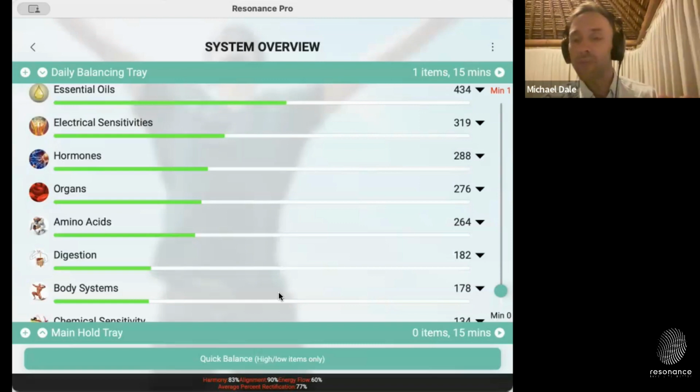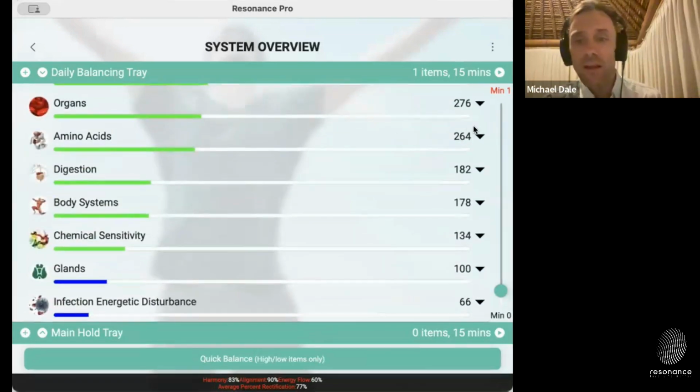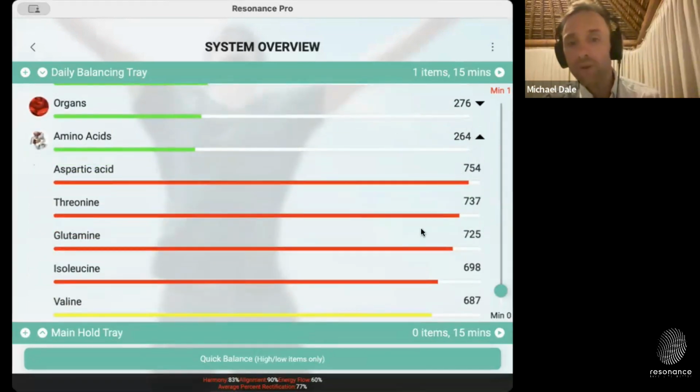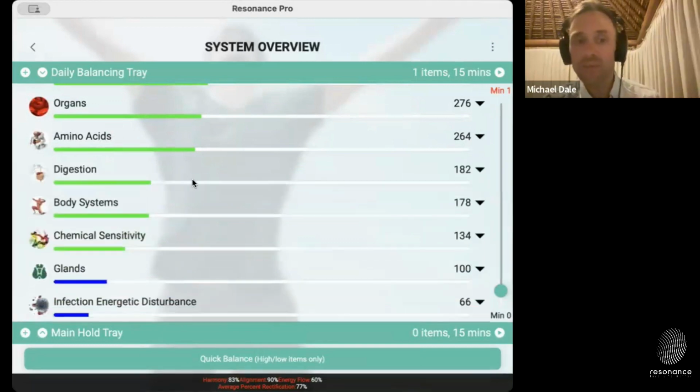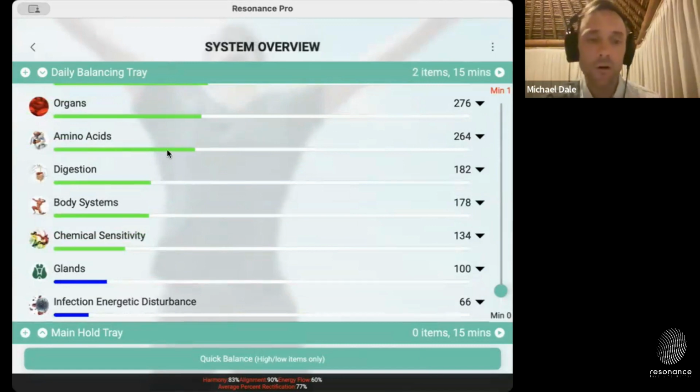They're potentially not getting enough amino acids, so it's logical to assume it might be worth adding amino acids to today's balancing. Again, rather than focusing on a specific one, amino acids, just like vitamins, are good to have as a daily dose in general. We know that's going to support muscular health, so we can add that in as well.